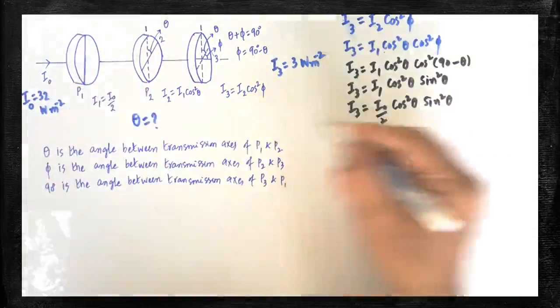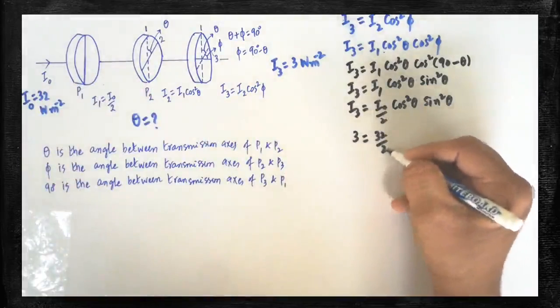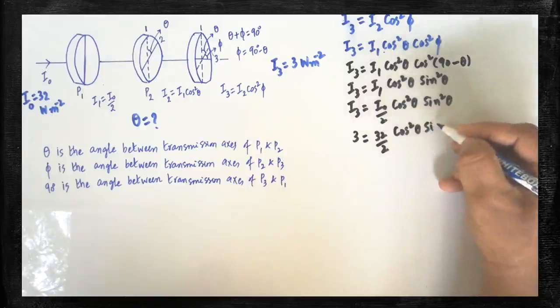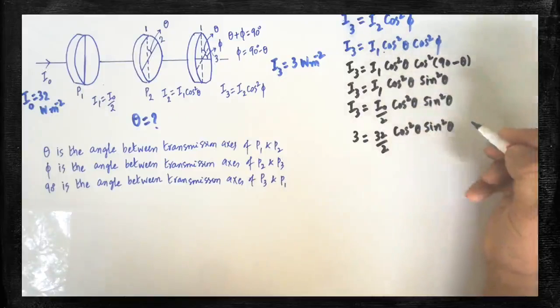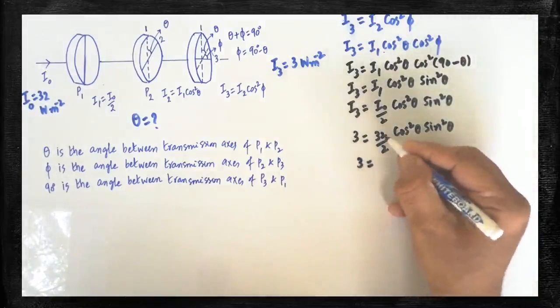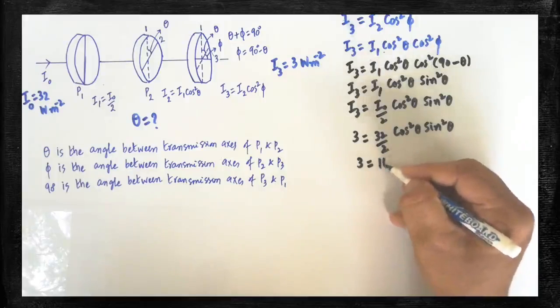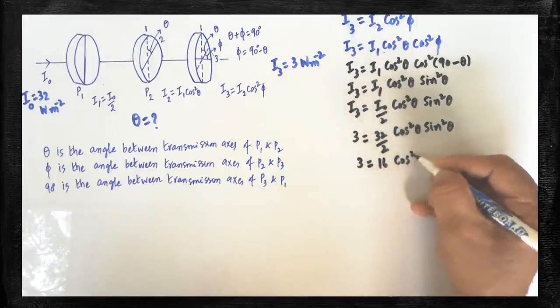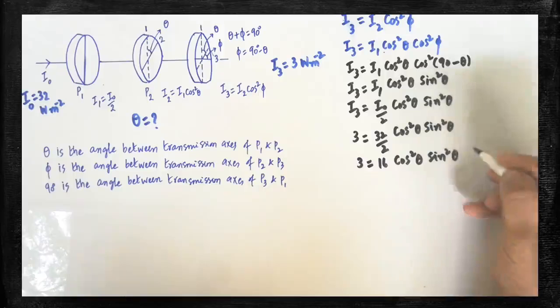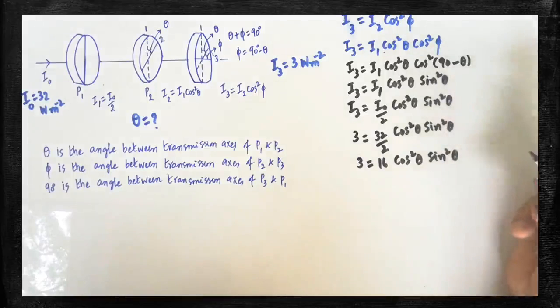I0 value is 32 divided by 2, cos square theta sin square theta, both can be written. Now this one becomes 3, and 32 divided by 2 is equal to 16 cos square theta sin square theta. Okay.